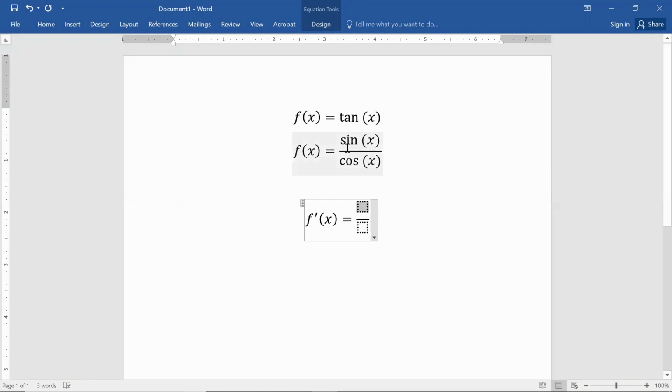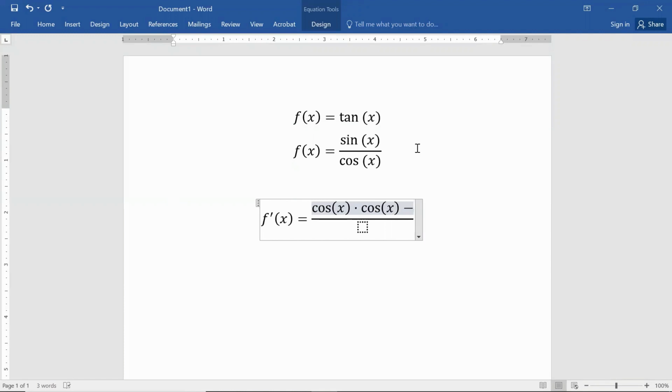So the quotient rule says derivative of the numerator, so derivative of sine, which is cosine, times the normal denominator, which is cosine, minus the normal numerator, which is sine, times the derivative of the denominator.